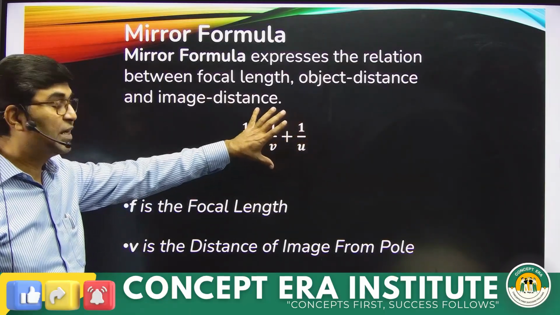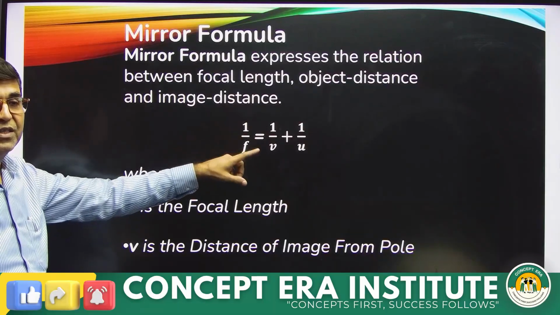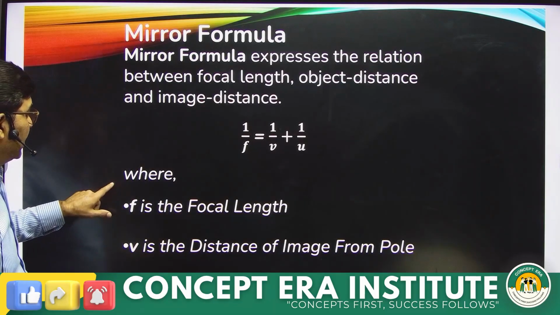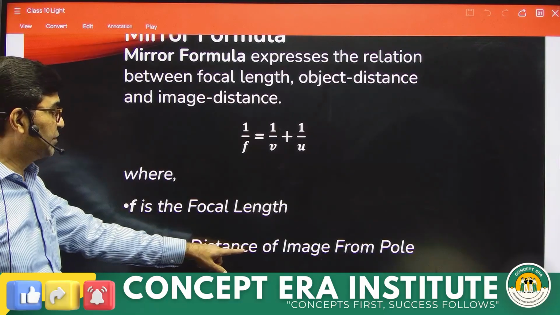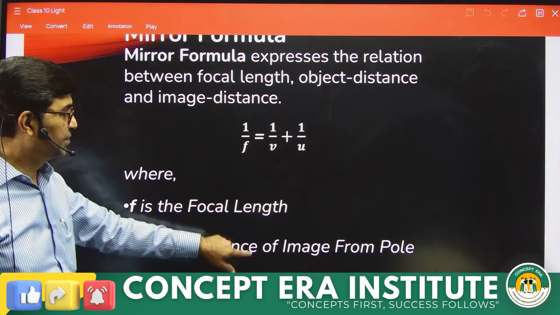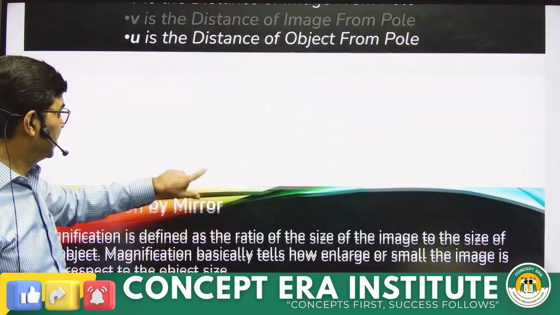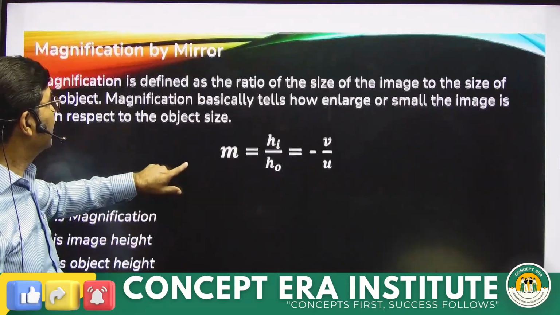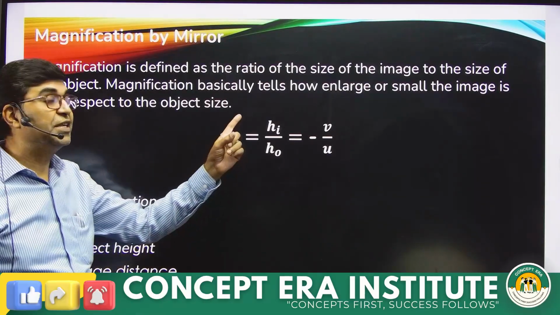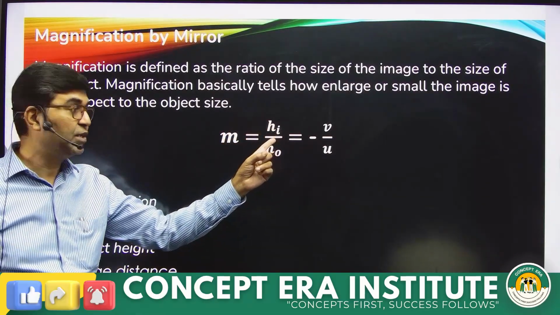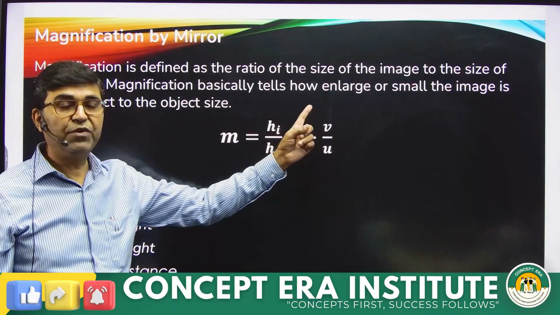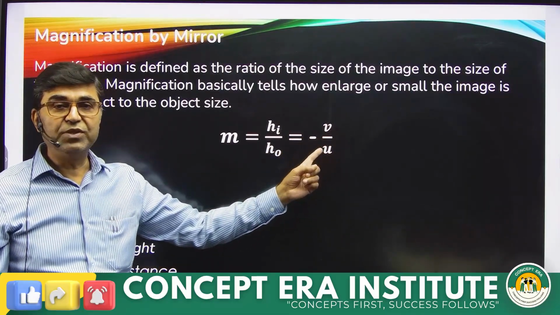This is the formula that you will use in practicing your numerical problems, where f is the focal length, v is the distance of the image from the pole, and u is the distance of the object from the pole. There's one more formula which is called magnification. Magnification is the ratio of the size of the image to the size of the object, or a negative ratio of image distance to the object distance.